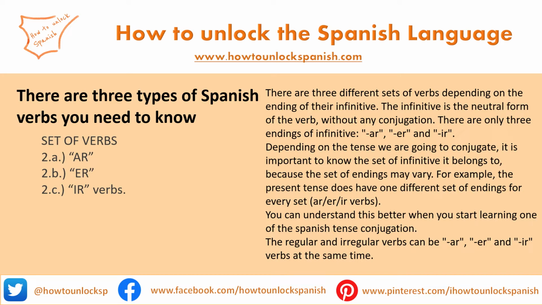So the endings are going to be different if we are facing an ar verb, an er verb, or an ir verb. You can understand this better when we start learning how to conjugate, for example, the present tense. So the regular or irregular verbs can be ar, er or ir verbs at the same time.